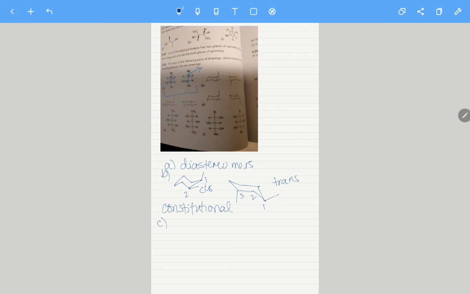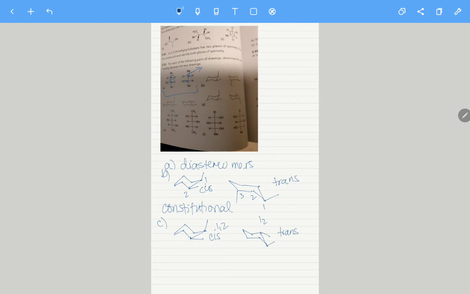For C, now we have both of them at 1, 2. And this is cis, so 1, 2 cis. And this one is 1, 2, so this is down and this is up. So this is trans.